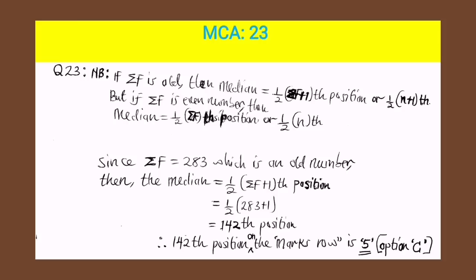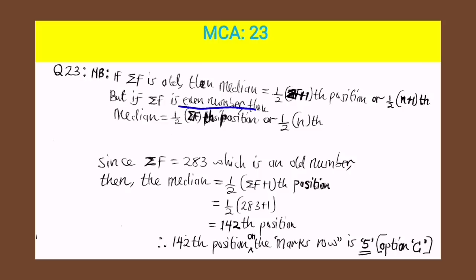So as I said, if the summation is odd, here it is odd, so take note. Then you need to add 1 to it, but if it is an even number, then you need to maintain it and divide by half.